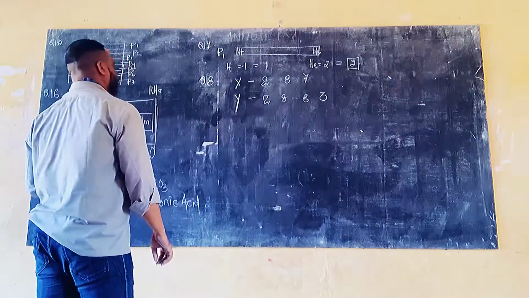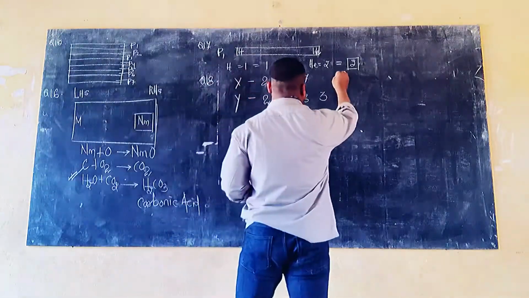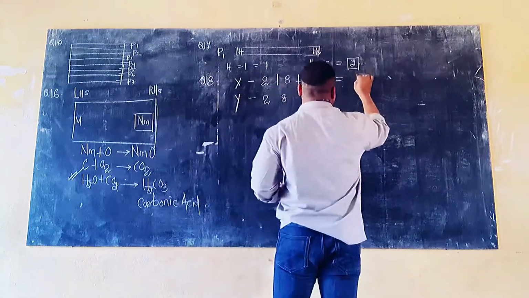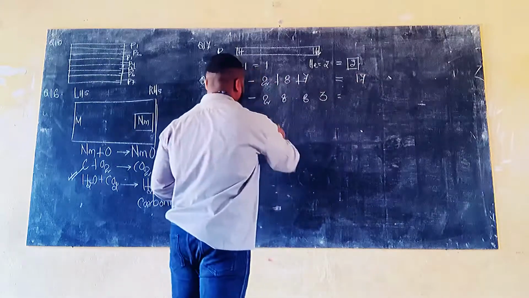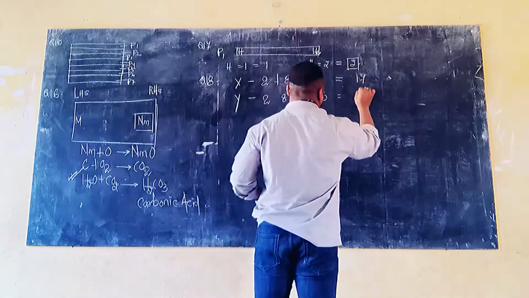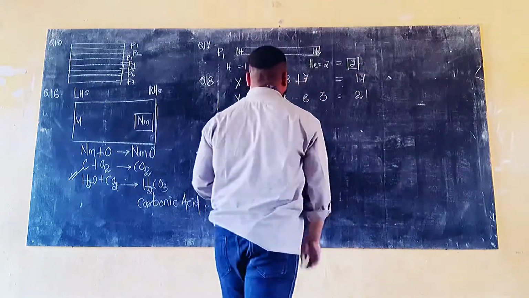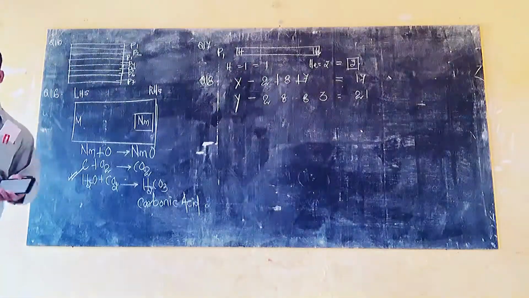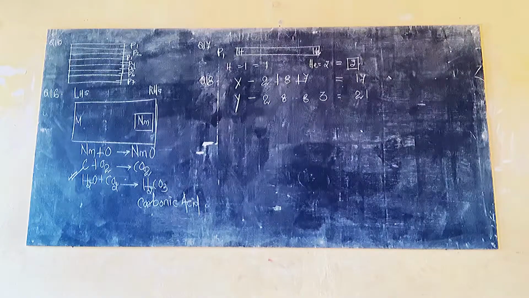Write the atomic number. Simply the sum: 17 is the atomic number of X and 21 is the atomic number of Y.